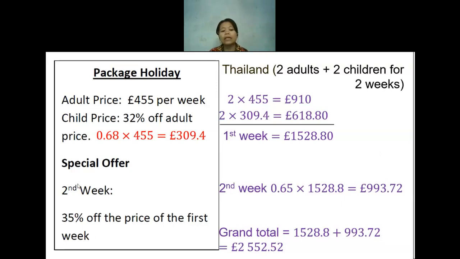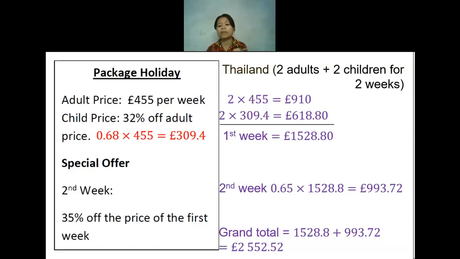And then for the second week, I will be getting a 35% discount. If the normal price is 100% and it's getting 35% off, I subtract 35 from 100. 100 minus 35, the result is 65%.